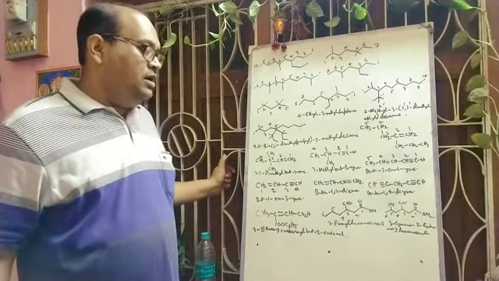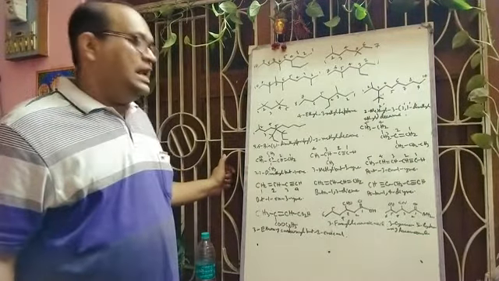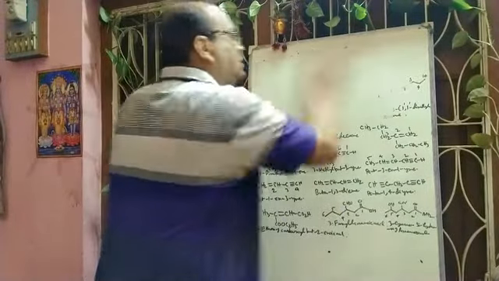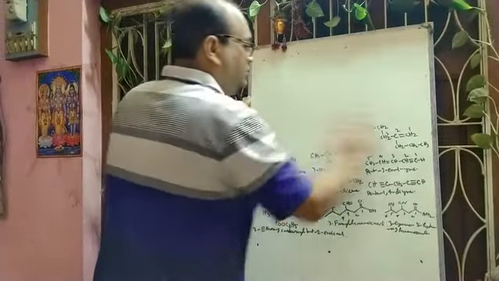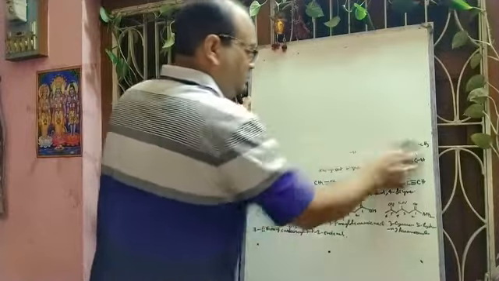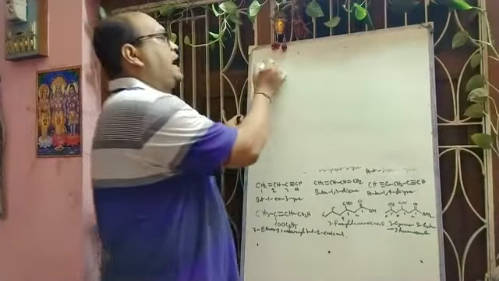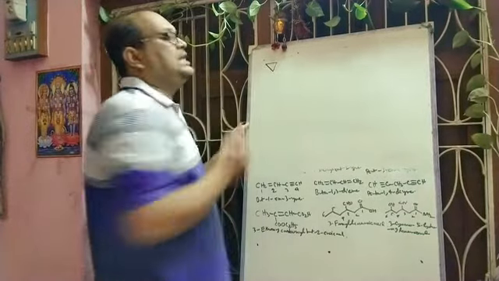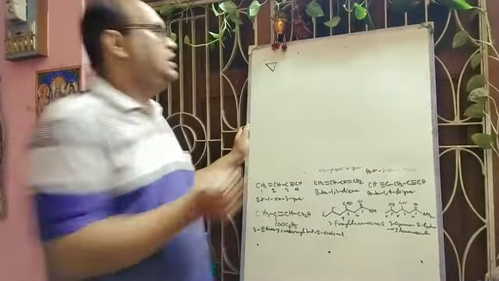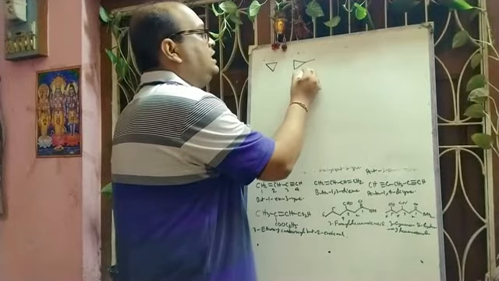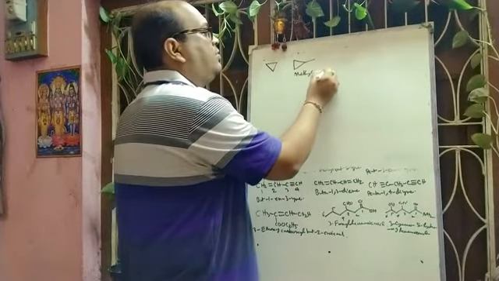Next, if we discuss another type of compound, that is the cyclopropane type of compound. That means alicyclic compound. Suppose this one will be the structure of cyclopropane, and if we write this one, it is methylcyclopropane.